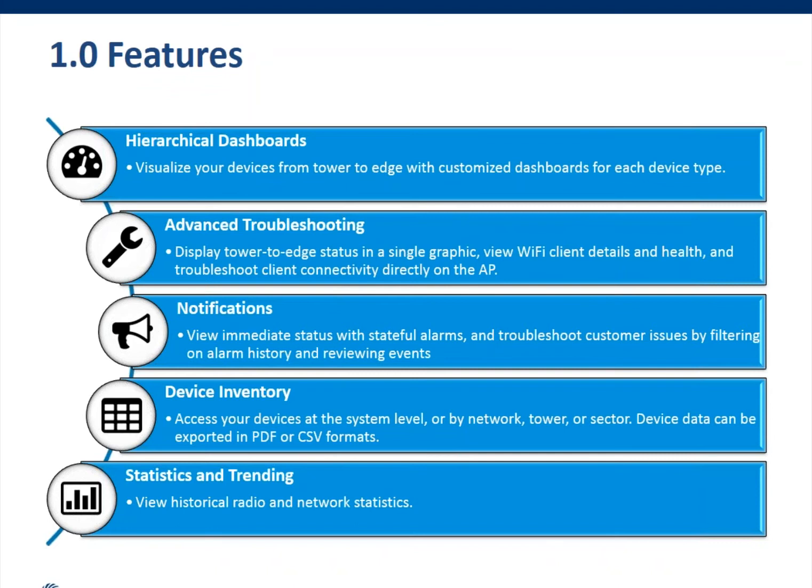There's inventory, tabular views of devices where you can view all your access points or all your SMs and see the associated stats, as well as historical information. Currently, 1 week of history is provided.